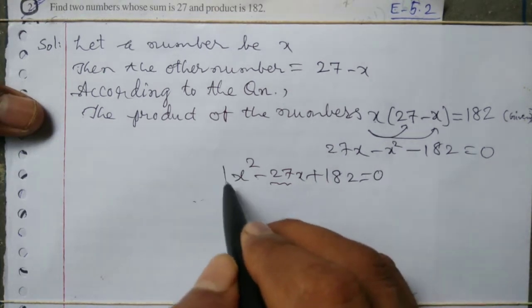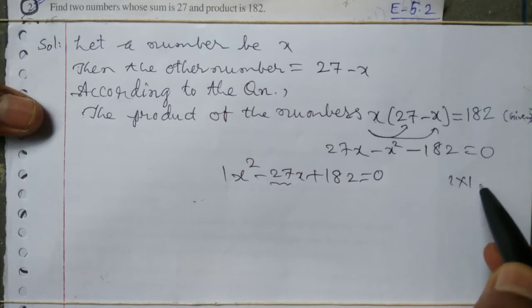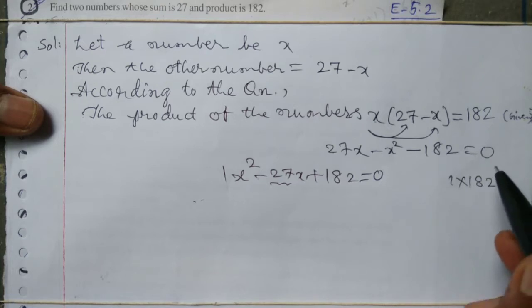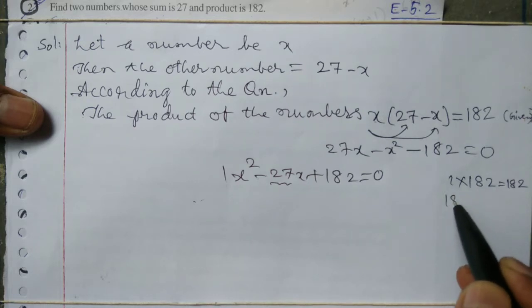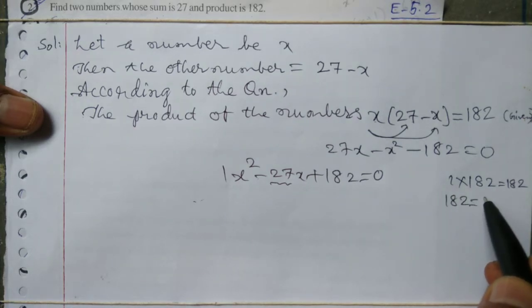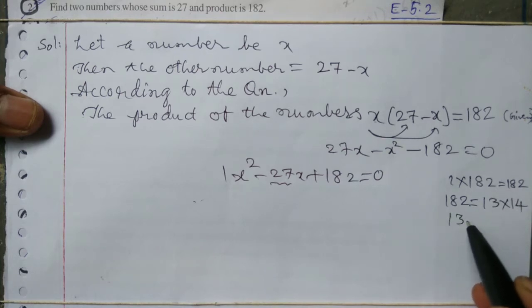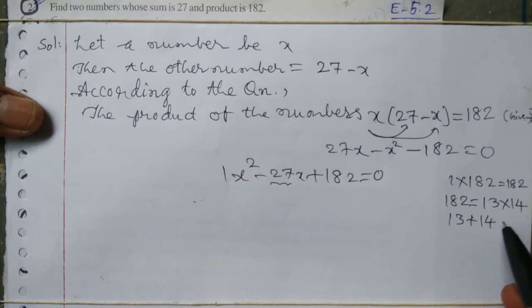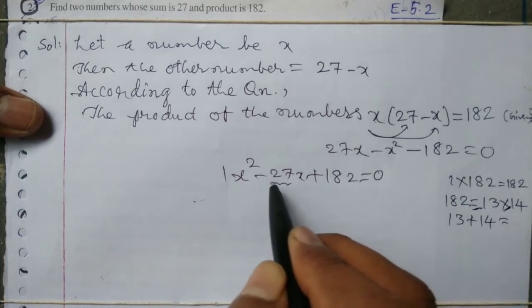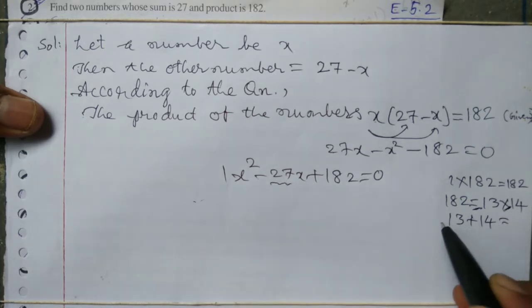So 182 is 13 into 14, and 13 plus 14 is 27. These two are minus numbers only because this is minus 27.